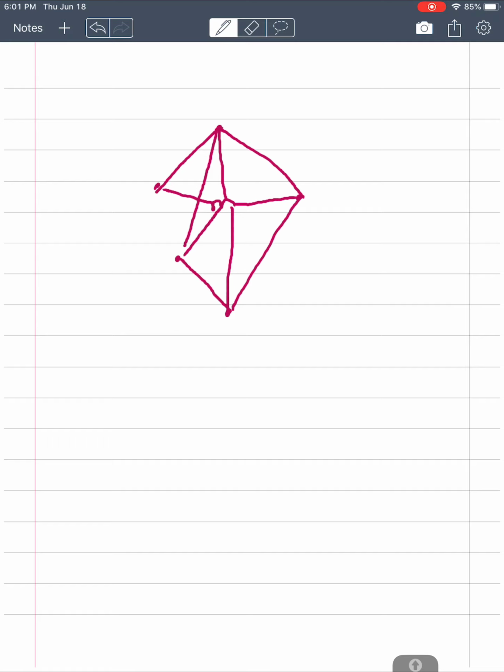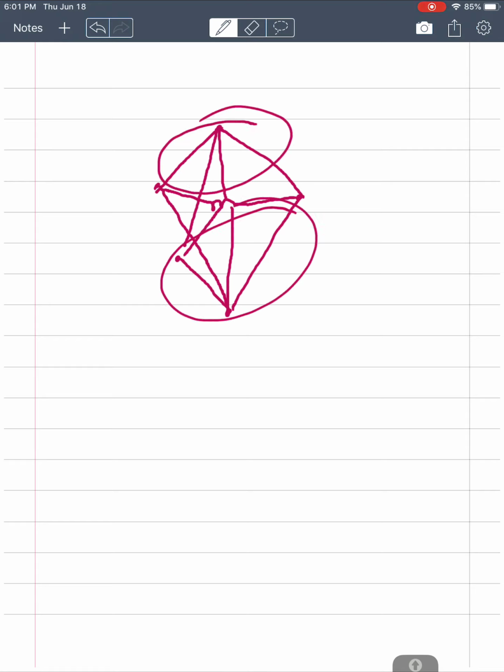This goes here, here, and here. So it's not the best pyramid, and it's not the easiest to look at, but it's called trigonal bipyramidal because you have a pyramid on the top and a pyramid on the bottom. And it's trigonal because there are 3 sides to the pyramid. You have the 2 front sides and the back side.